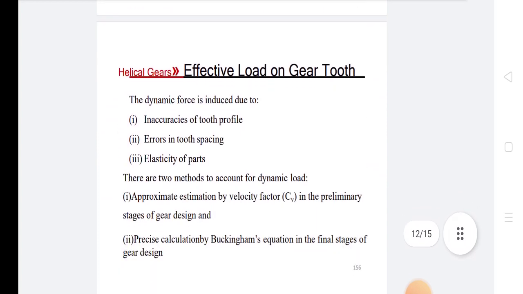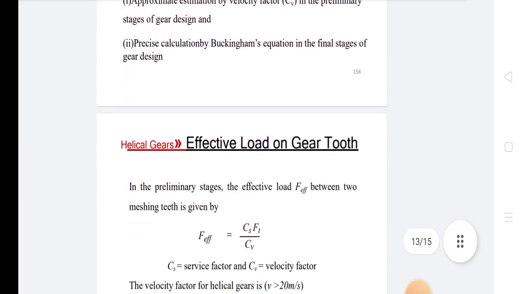The dynamic force is induced due to inaccuracies of tooth profile, errors in tooth spacing, and elasticity of parts. There are two methods to account for dynamic load. First is approximate estimation by velocity factor Cv in the preliminary stages of gear design, and second, precise calculation by Buckingham's equation in the final stage of the gear design.